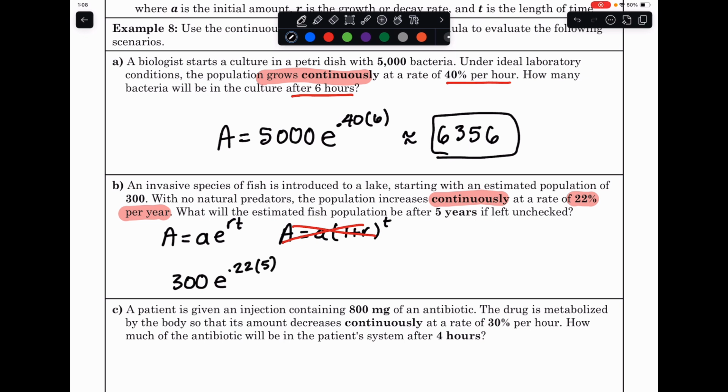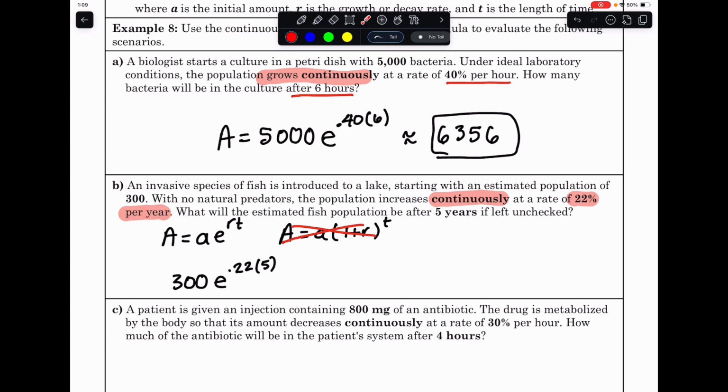The time has to match up in the interval, or the same units, that the rate, the percentage, is increasing or decreasing, which is the reason it's specified that it's an increase at a rate of 22% per year.